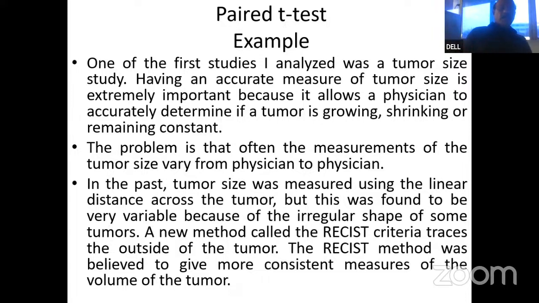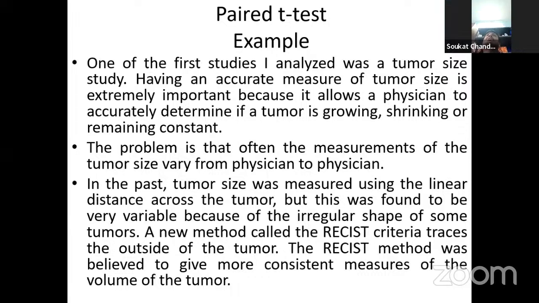In the past, the tumor size was measured using the linear distance across the tumor, but this was found to be very variable because of the irregular shape of some tumors. A new method is called the resistance criteria, which traces the outside of the tumor.